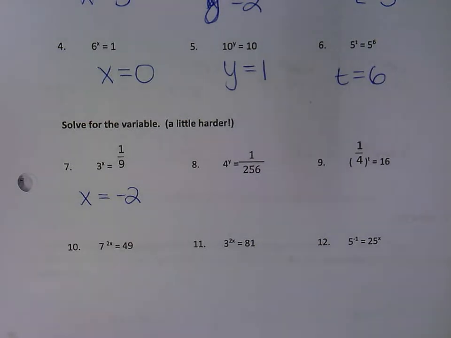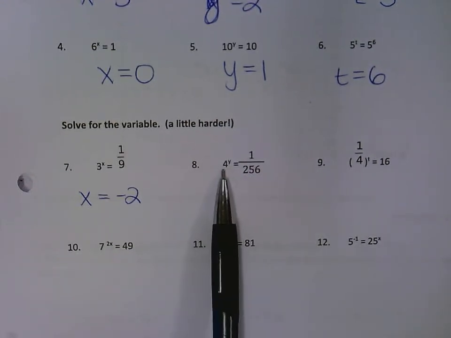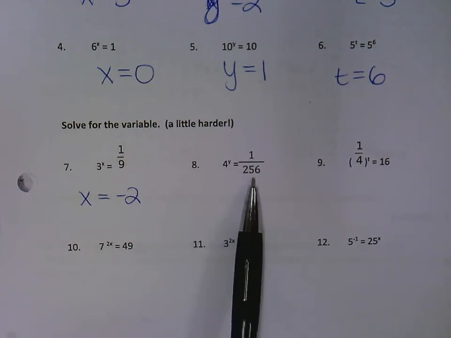So there's a couple tricky ones on here. 8 and 9 aren't as tricky as maybe 10 through 12. So number 8, yeah, so there's another way that we can do it if we can't do it in our head. What did you say number 8 was? It'd be 4, is it to the negative 4th, right? Because to get to 256, it'd be 4 to the 4th, wouldn't it?